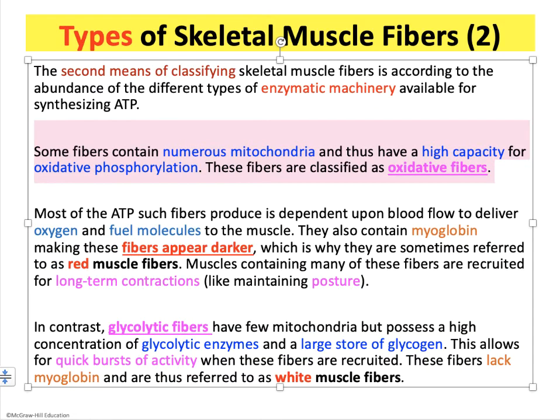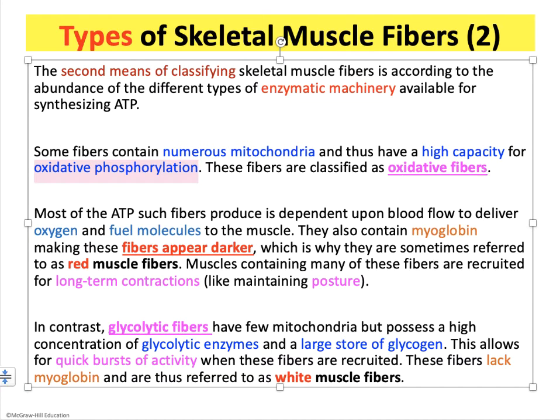The second parameter can be explained by looking at the biochemical complement of these muscle cells. So some fibers contain many mitochondria, and that allows them to have a very high capacity for oxidative phosphorylation. And those fibers are known as oxidative fibers, OFs.